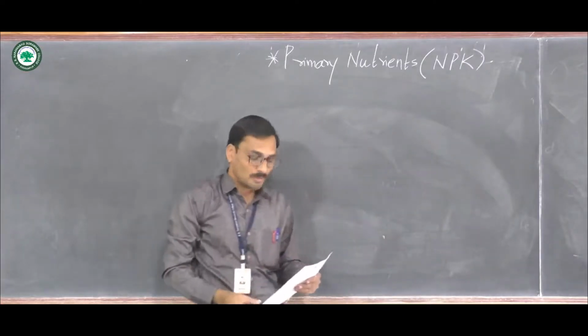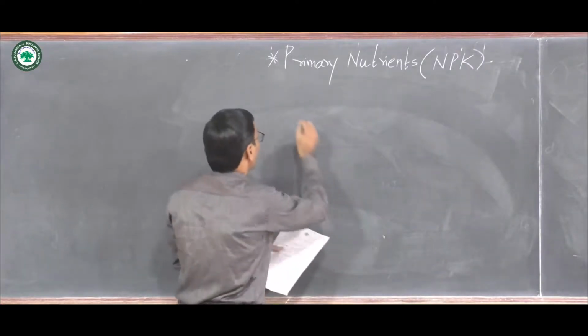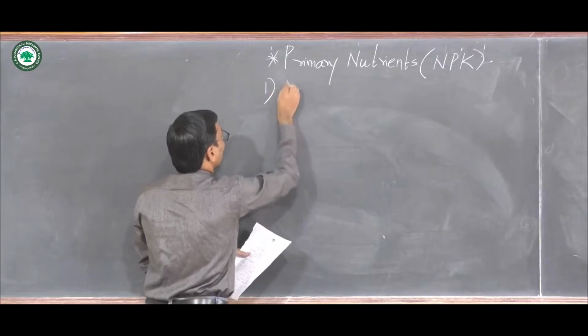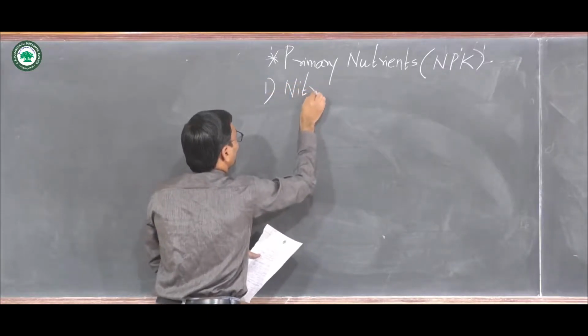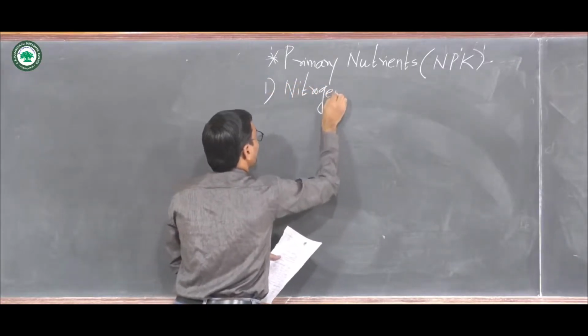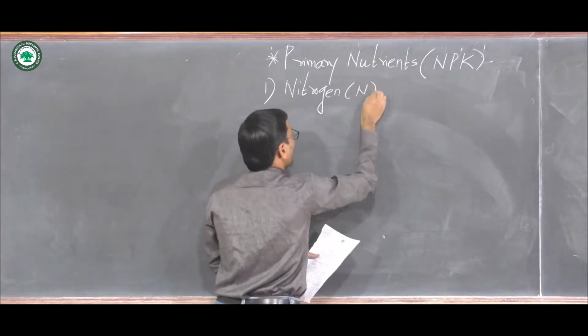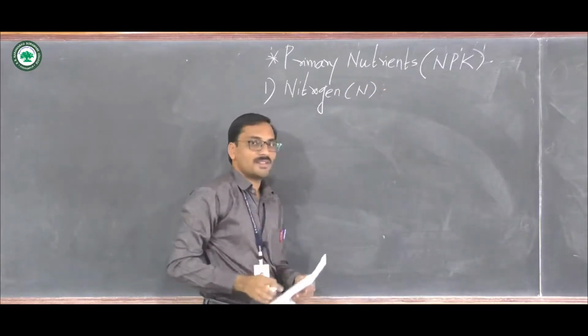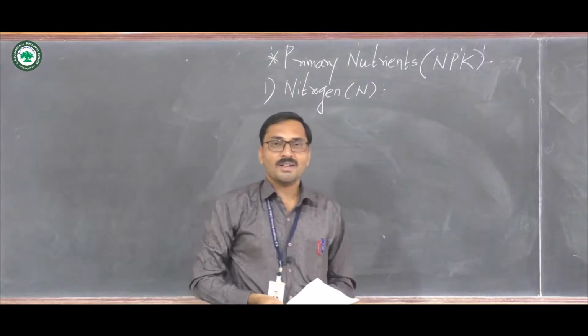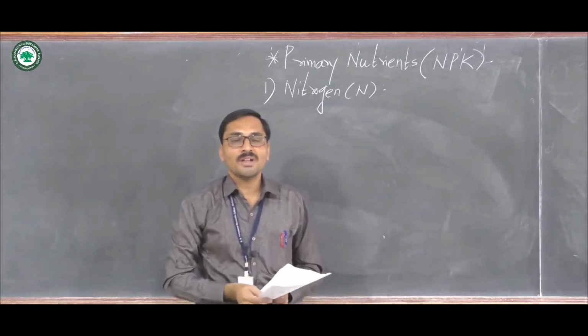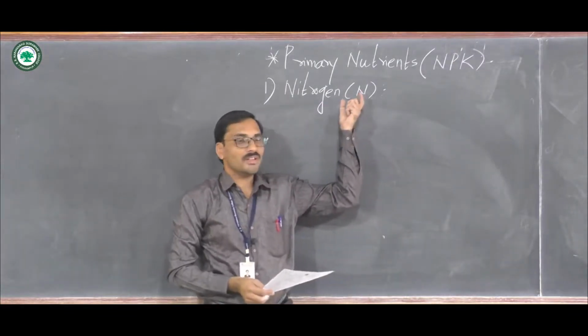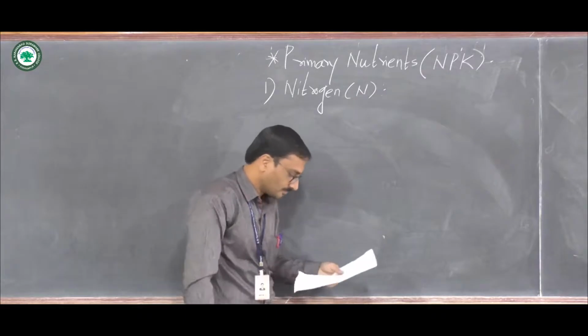NPK belong to the primary nutrients. First and most important element is nitrogen. Plants require nitrogen in large amounts, in huge quantity.